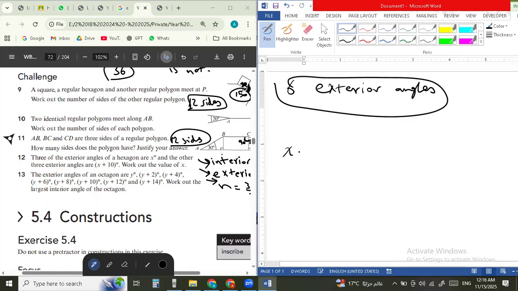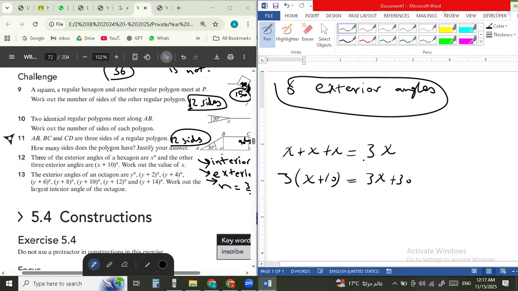So x plus x plus x, right? That's three of them, three of the exterior angles, which means 3x. Good. And the other three exterior angles are x plus 10 each. So 3 multiplied by x plus 10, which is 3x plus 30.